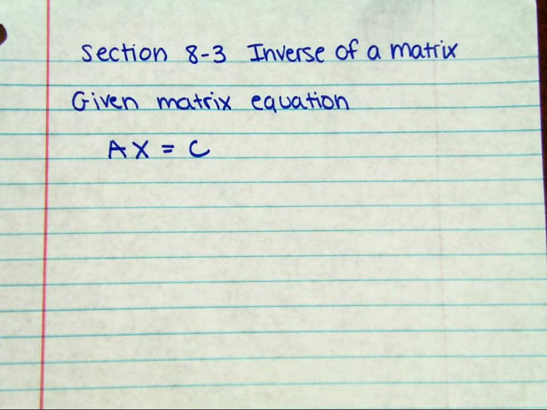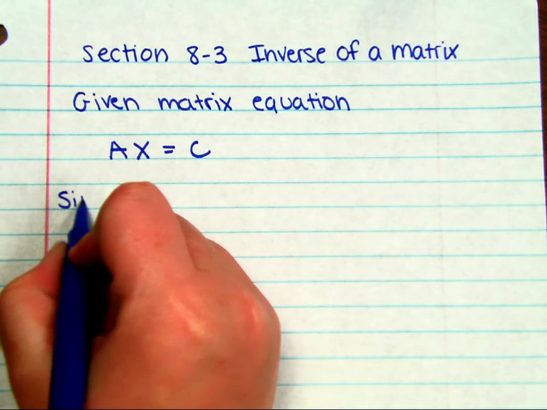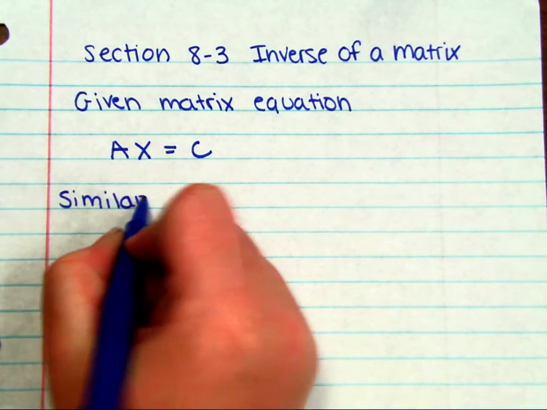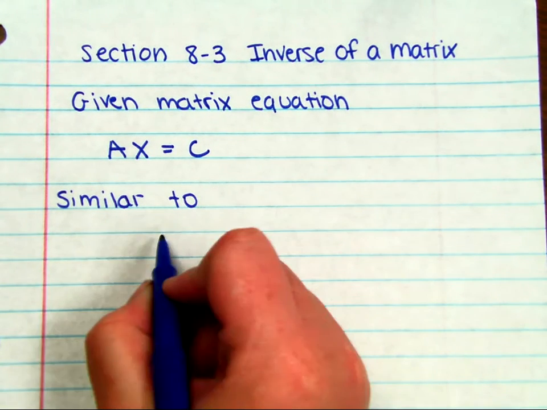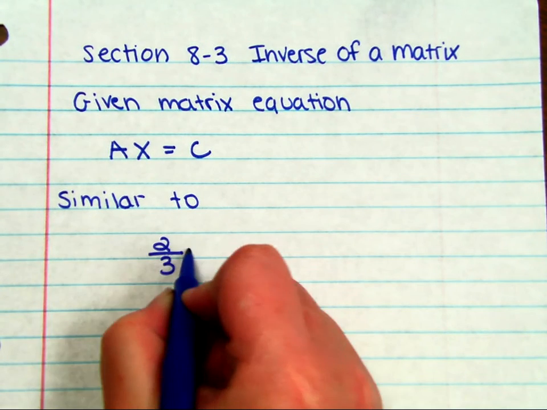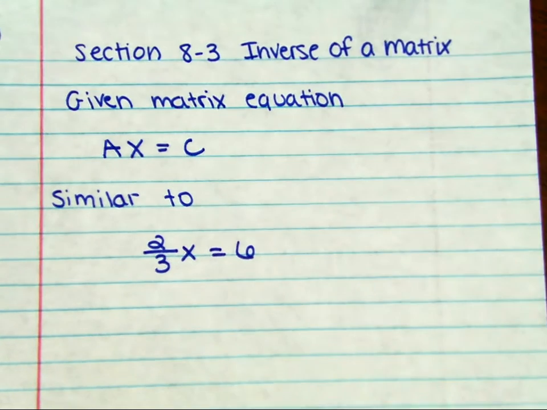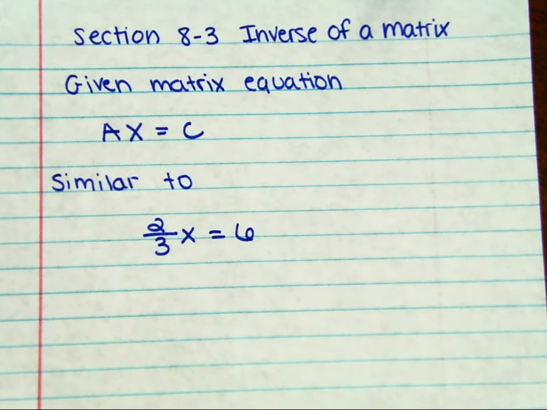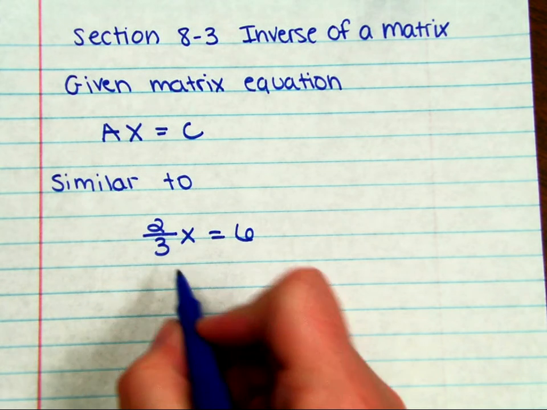So, in order to do that, it's similar to a problem that would look like this. Where I have 2/3 x equals 6. And in order to solve 2/3 x equals 6, I would want to multiply both sides by the reciprocal, which would be 3/2.